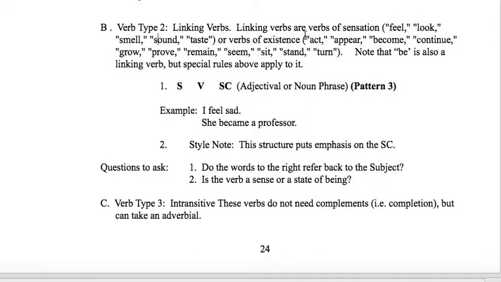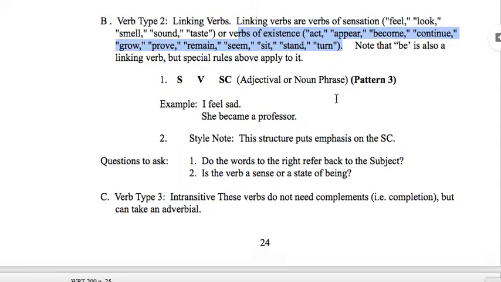But some of them are these sort of acts of existence. So these are the ones you sort of have to memorize to know that they're linking verbs. But also you'll have a clue because of what comes to the right of the linking verbs, which will always be a subject complement adjective or a subject complement noun phrase.